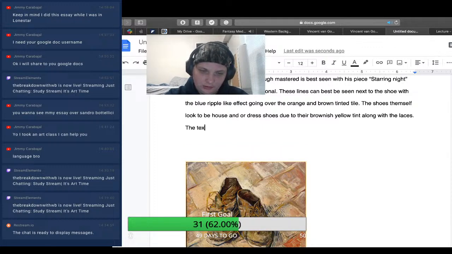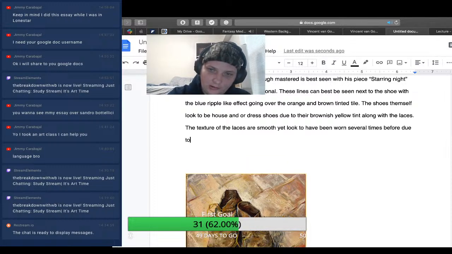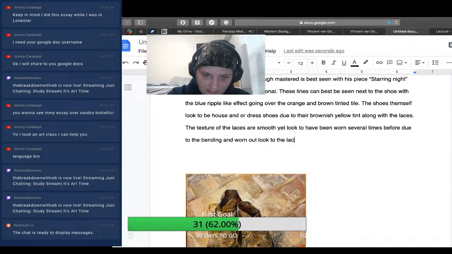The texture of the laces is smooth, yet they look to have been worn several times before due to the bending and worn-out look of the laces and overall shoe.